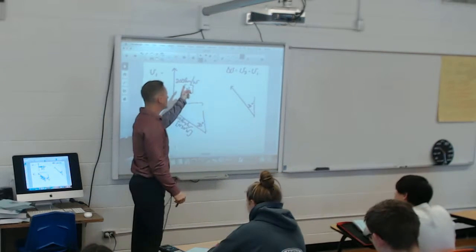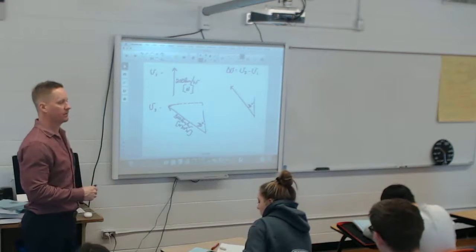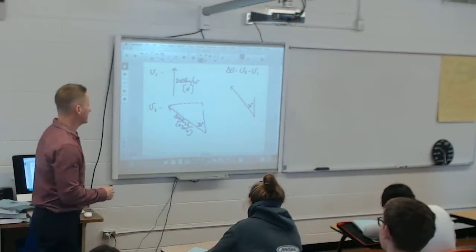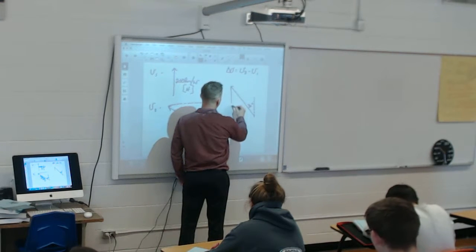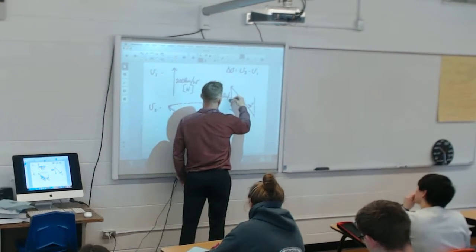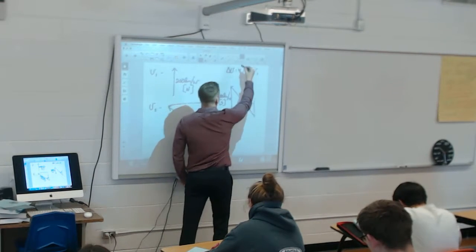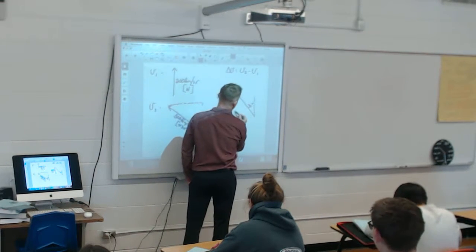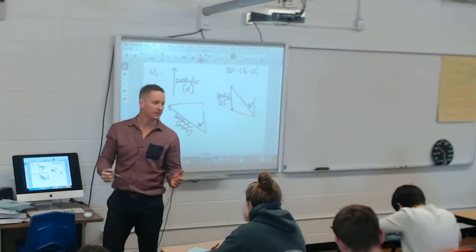Then I need the negative 200 kilometers an hour to the north, so I put it to the south. It's going to be somewhere down here. So that's 200 kilometers an hour, and that is south.